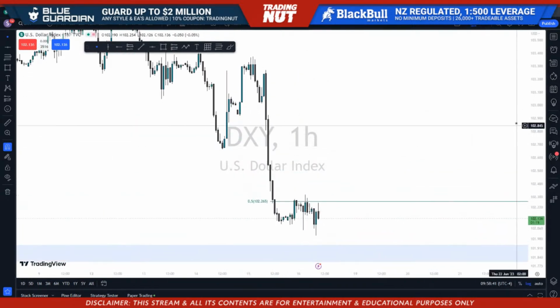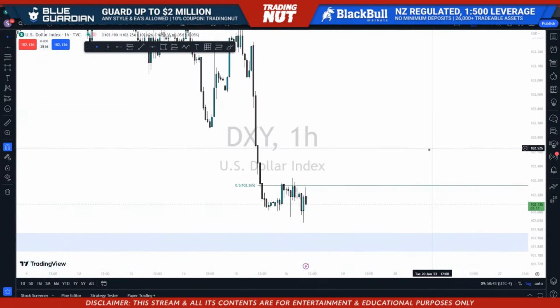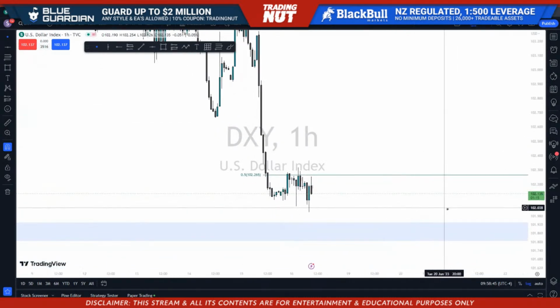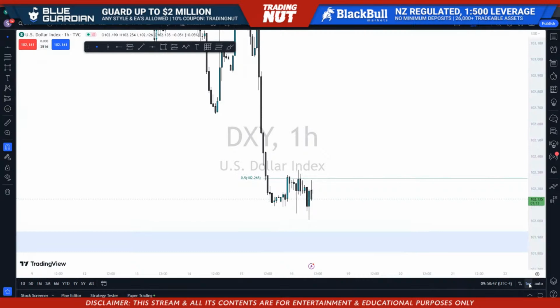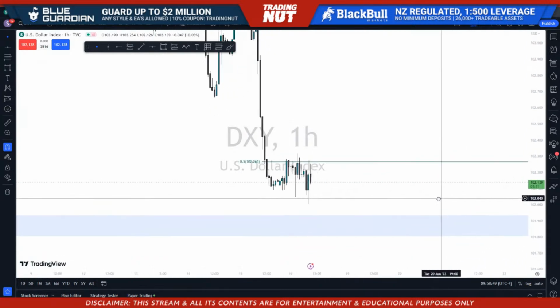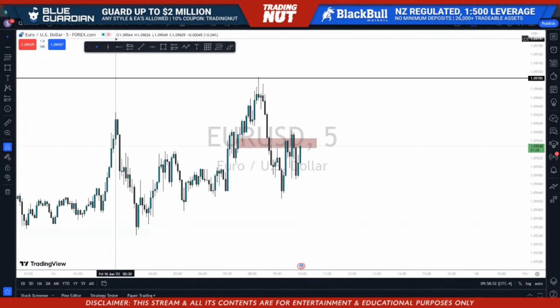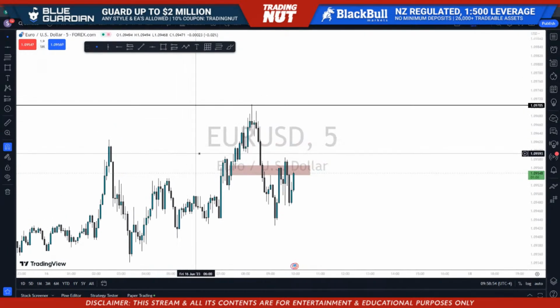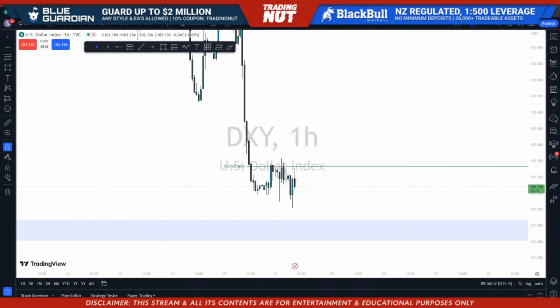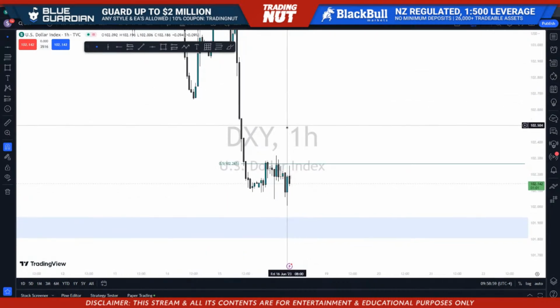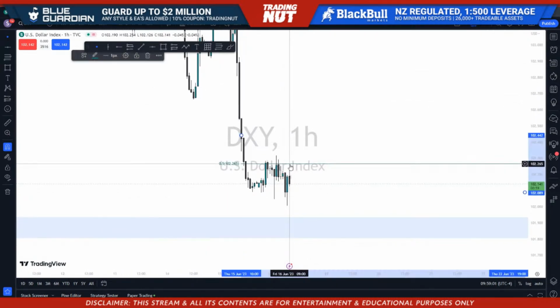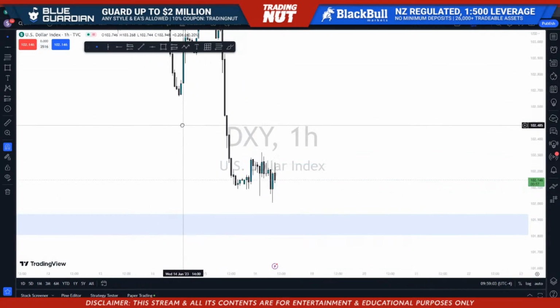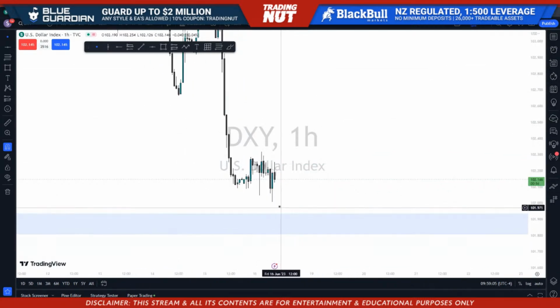So I guess we await the news in a minute. I believe the news should push the dollar index into this daily fair value gap.